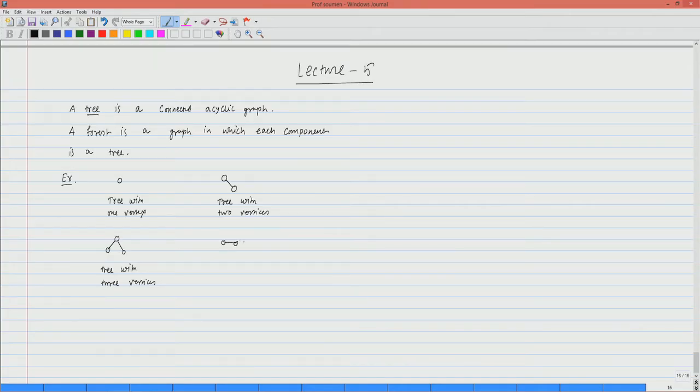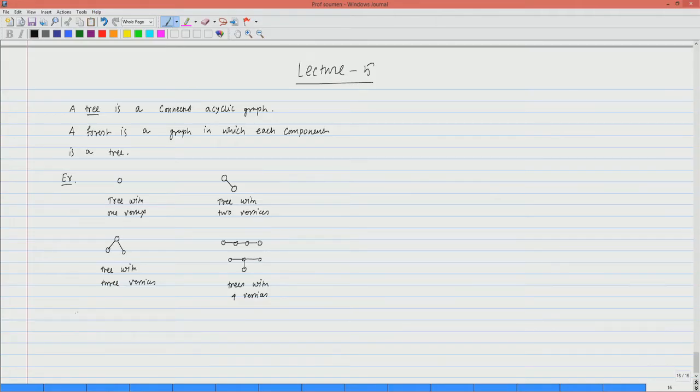So, this is a tree with four vertices, and this is another tree with four vertices. So, the other trees with four vertices. Okay.